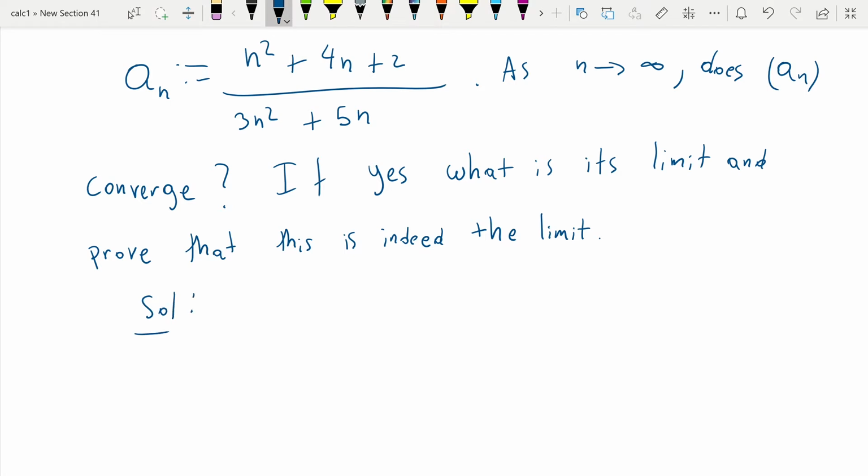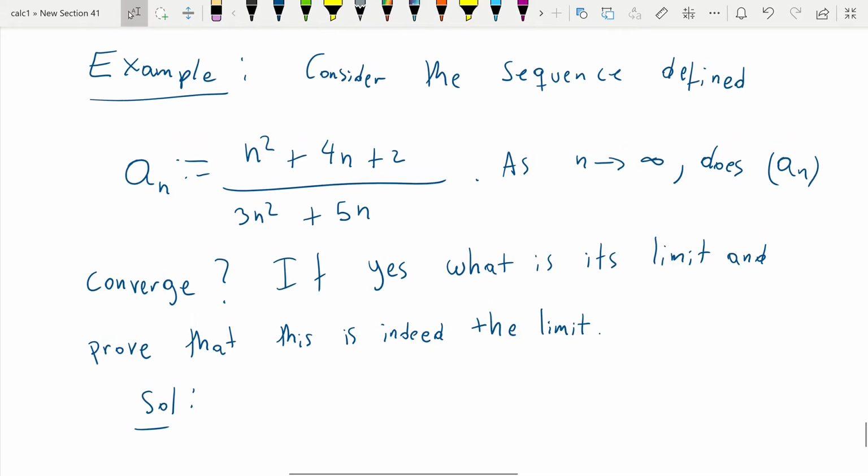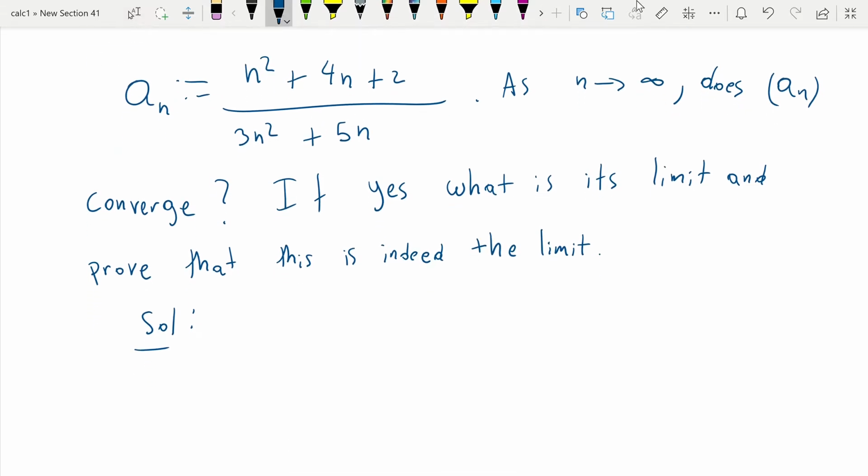The reason why I wanted to draw your attention to this is that, first of all, what you need to do is to identify a potential limit, a candidate for the limit for A of the sequence.